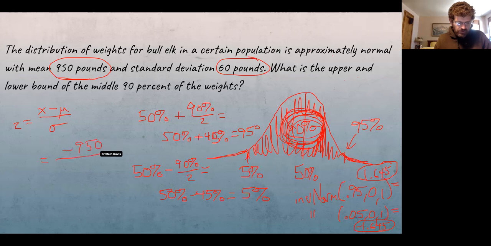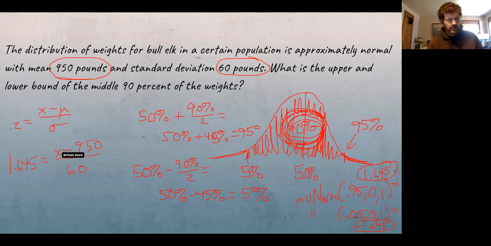We know the standard deviation is 60. And I actually know for the 95th percentile, that's 1.645. So I'm solving for x. All right, I'm not going to do any more stuff written down right there. But you can do the math on that. You can do the algebra yourself, and we can figure out what that x value needs to be.